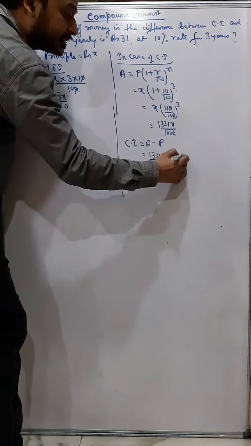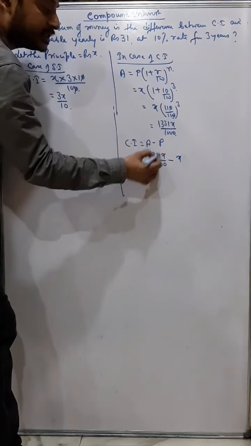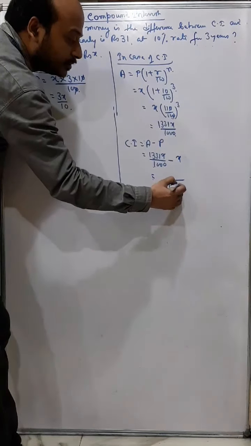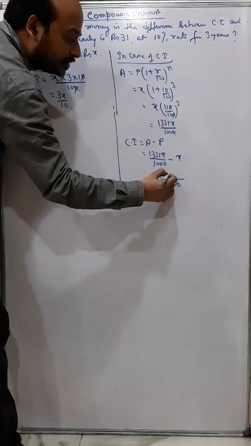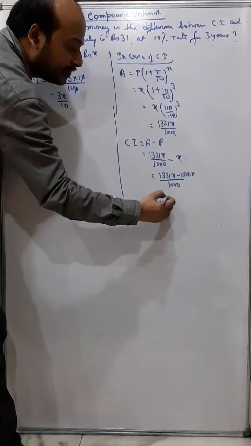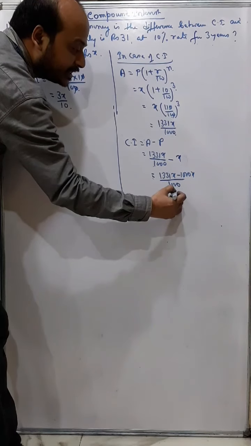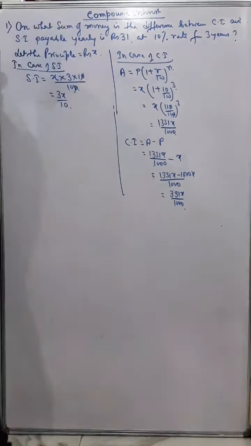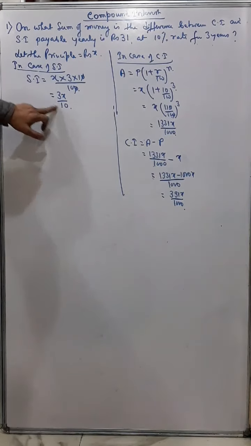Principal is X. So amount is this and principal is X. What we got? 1331x minus 1000x. Finally we get our CI as 331x by 1000. So we got SI as this much and CI as this much.